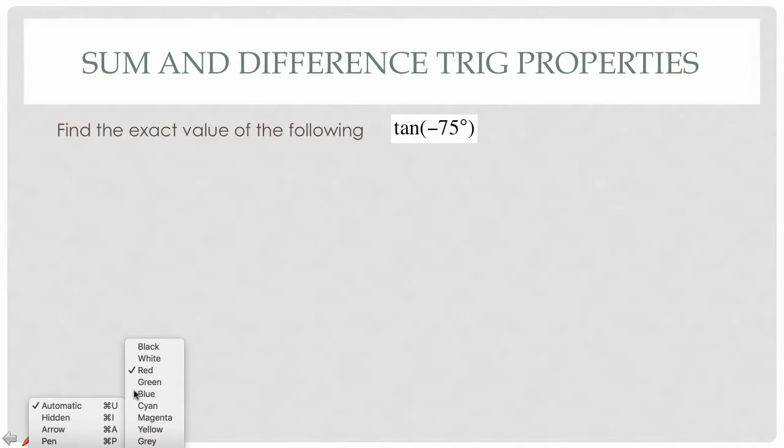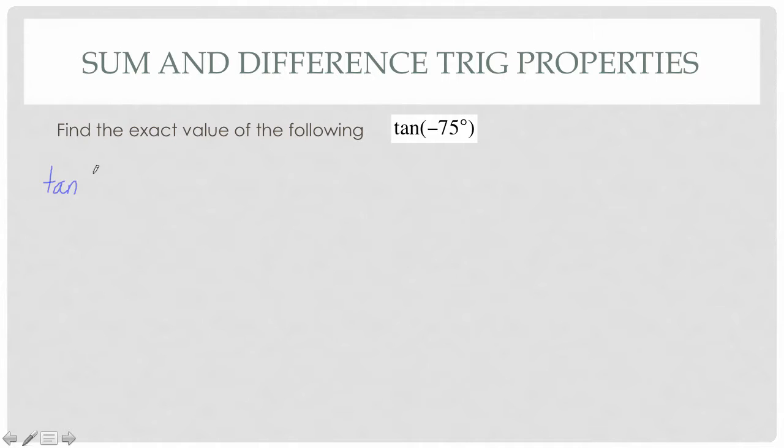Okay, so my formula, if you remember, the tangent of the sum of two angles, u and v. The formula says take the tangent of the first angle plus the tangent of the second angle divided by 1 minus the tangent of the first angle times the tangent of the second angle.